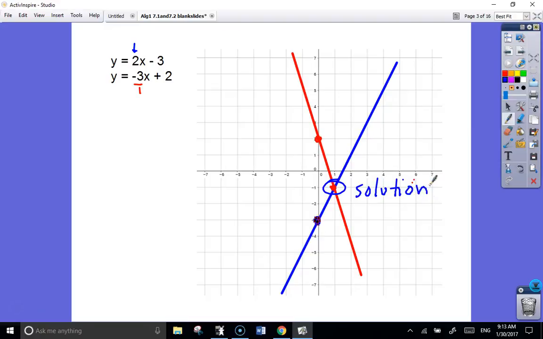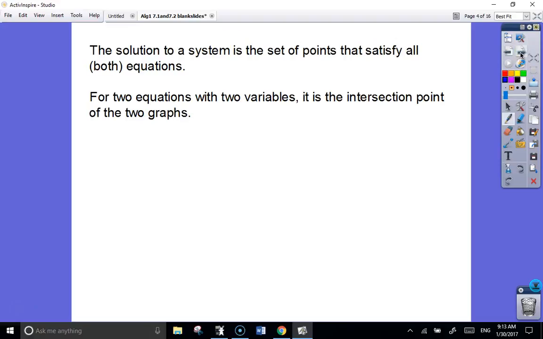That's the solution, wherever they cross, because that means that one point is on both lines. So the solution to a system is a set of points that satisfy all, in this case, both equations. And for 2 equations with 2 variables, it is the intersection point of the graphs.